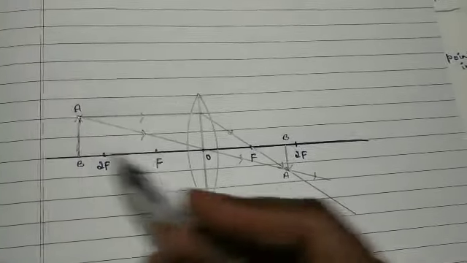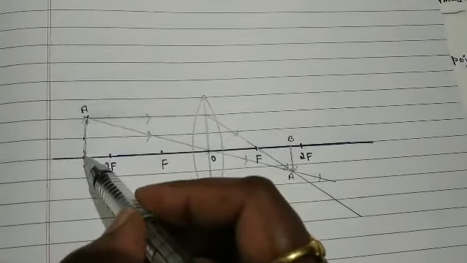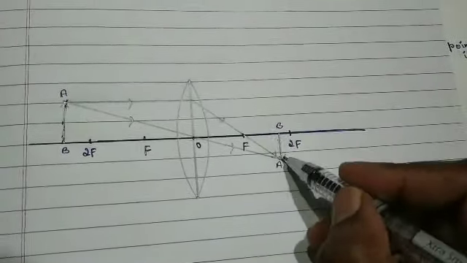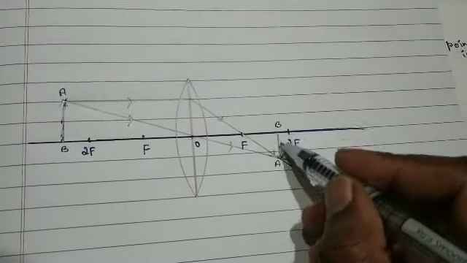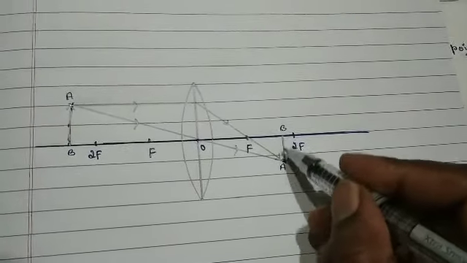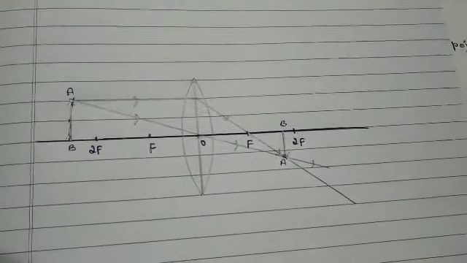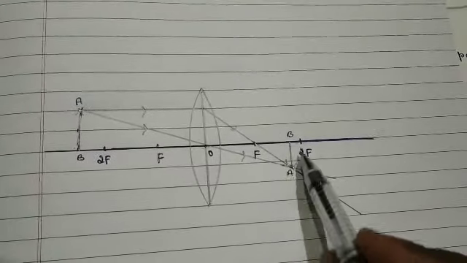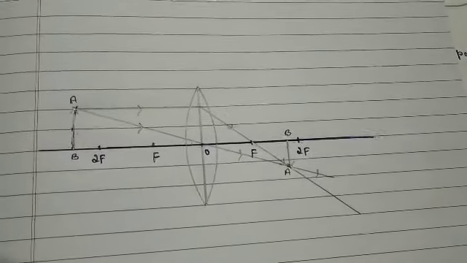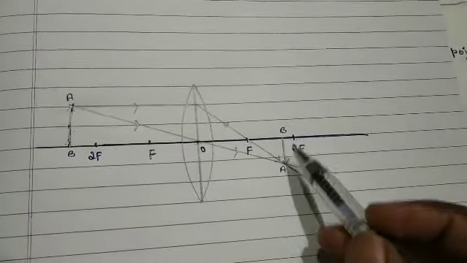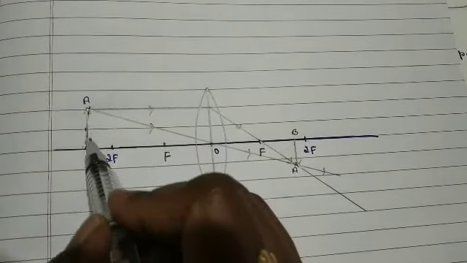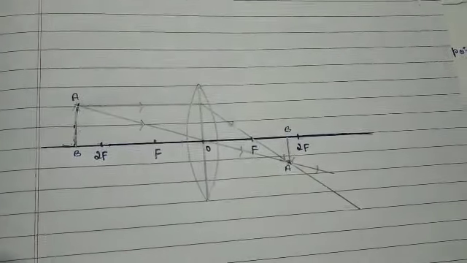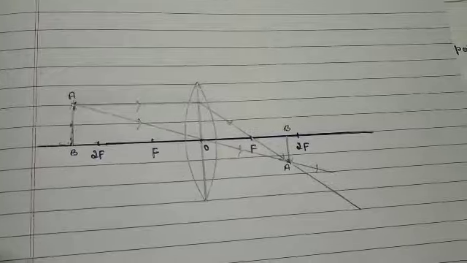Here I have used 2 distance of lines, and here the image is formed only 1 and 1/4, that is smaller than the height of the object. Hope this is clear for you why the height of the image is smaller than the height of the object. So we call it diminished, and inverted. And remember, children, when you are placing the object, it should be perpendicular to the principal axis. In this way you have to place the object.